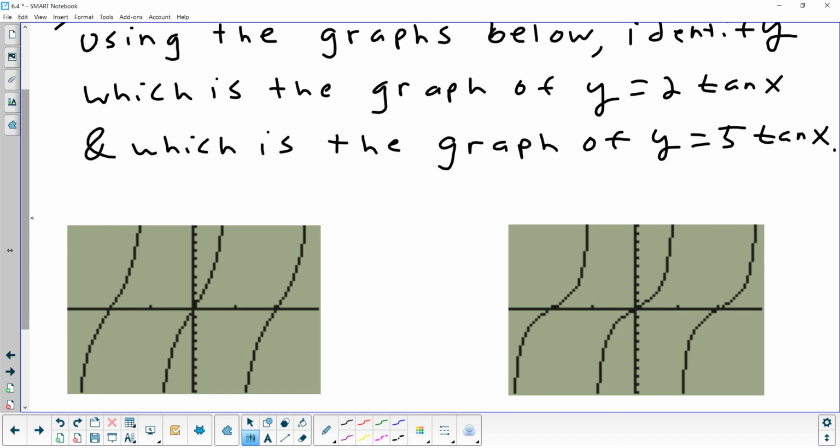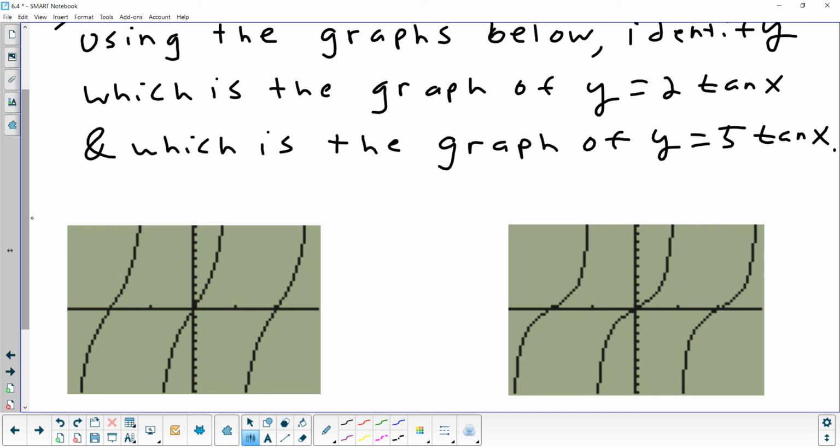It requires you to know what the 2 and the 5 are doing. What kind of transformation?